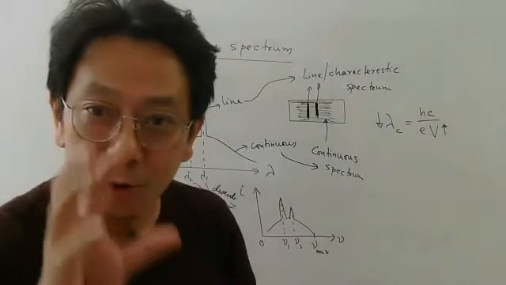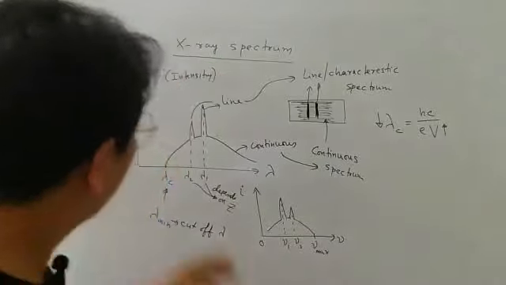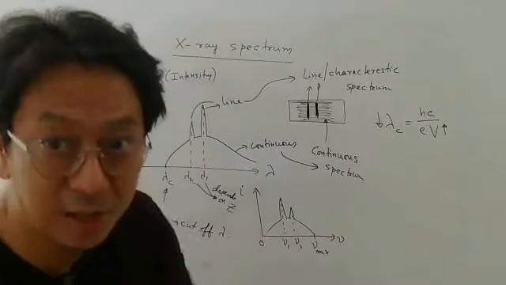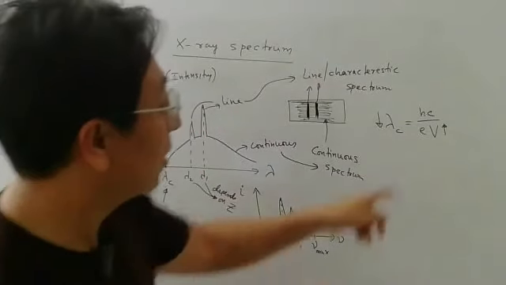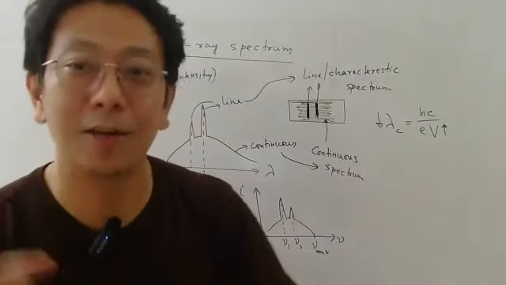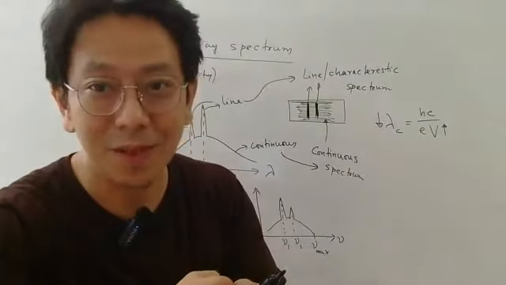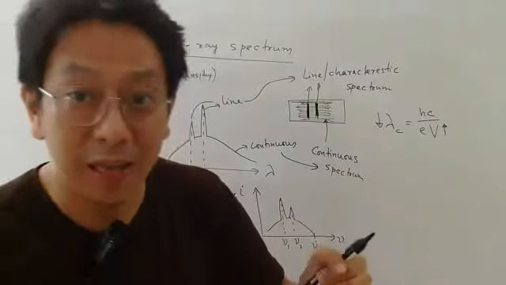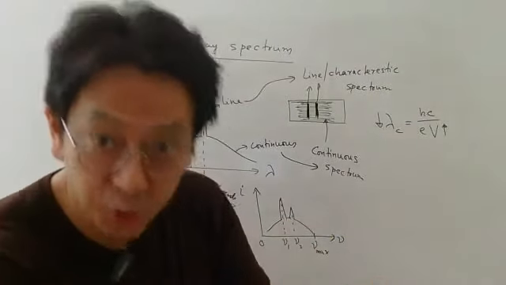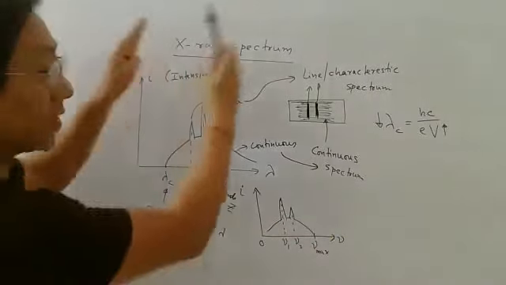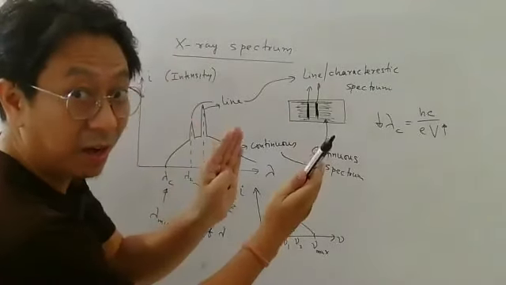If you don't change the metal, these two will remain the same. The location will remain the same. But obviously, when you increase the voltage, electrons will have more energy, so they will create higher energy photons. So the overall intensity will increase, but the graph will go left.